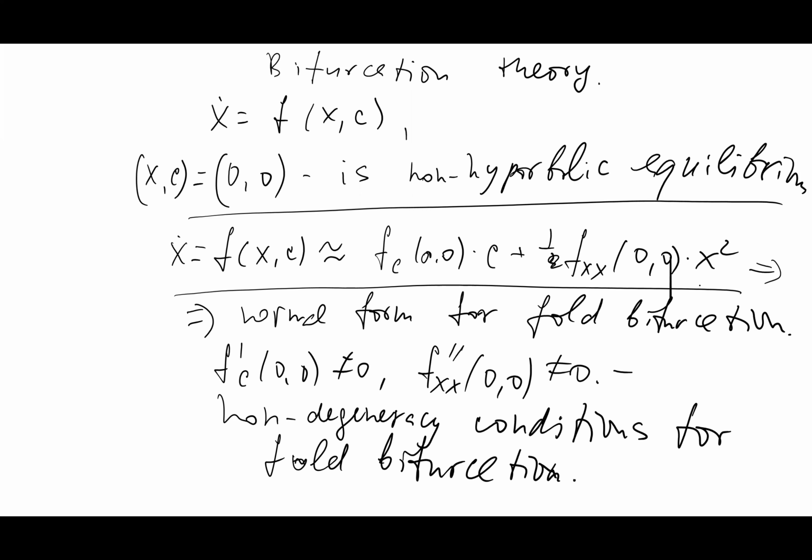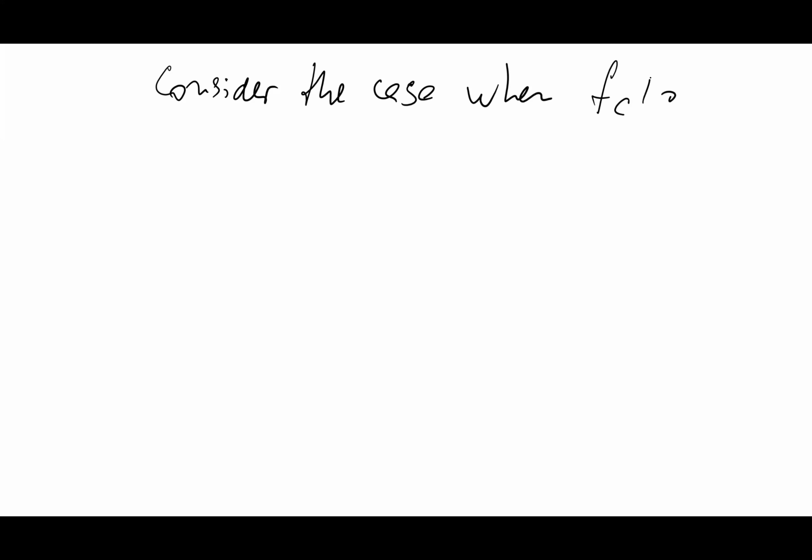And what we'll do now, we will consider the case when the derivative over c at 0, 0 is 0. So the degenerate case.